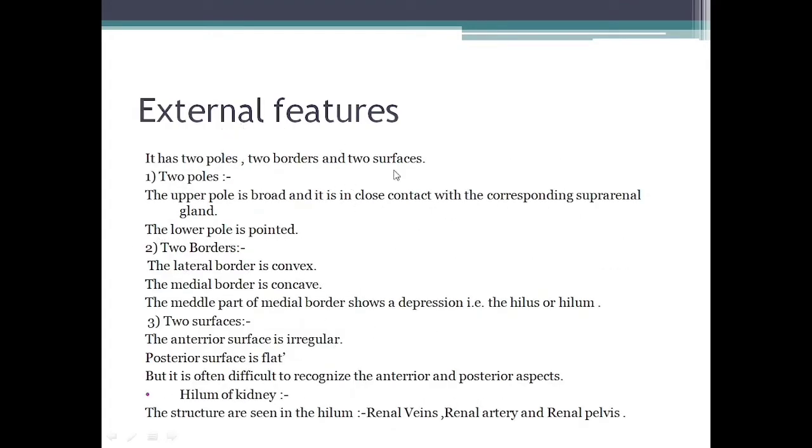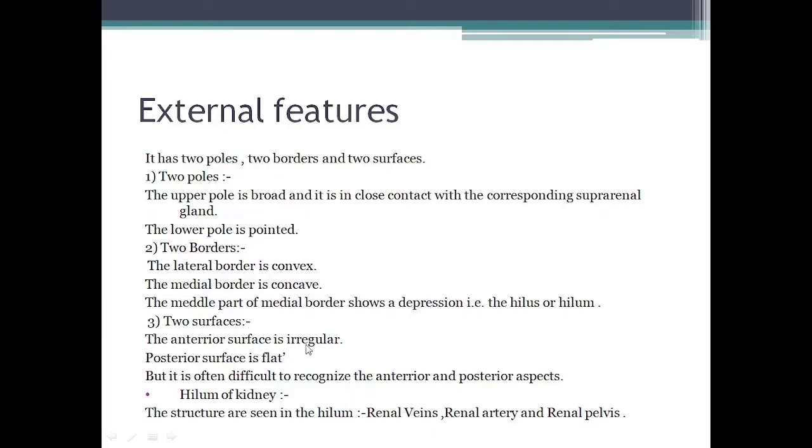Now external features. The kidney has two poles, two borders and two surfaces. The upper pole is broad and is in close contact with the corresponding suprarenal gland, and the lower pole is pointed. The lateral border is convex, the medial border is concave, and the middle part of the medial border shows a depression, for example the hilus or hilum.